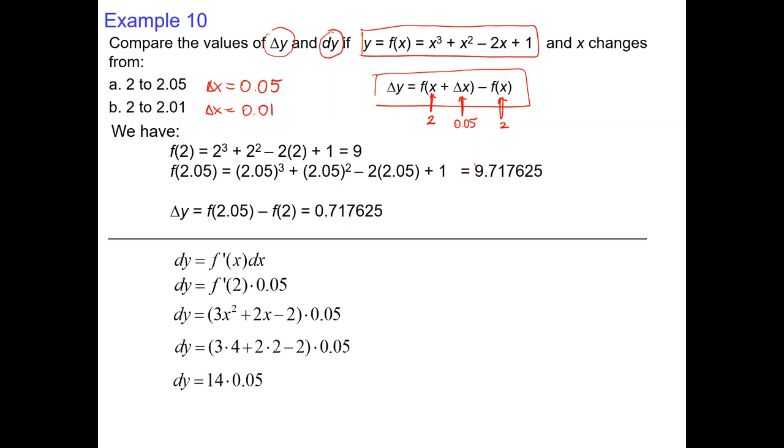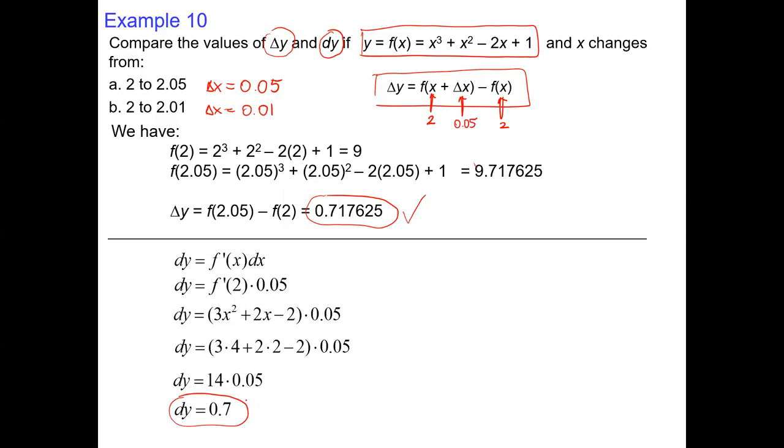I can compute this number as 14, and 14 times 0.05, it's half of 14, but it's not 7, because we have to move one decimal, so 0.7. And as we notice, they are comparable, they are almost the same. That means instead of using a calculator or having this challenge of arithmetic, we can definitely say delta y is the same as dy.